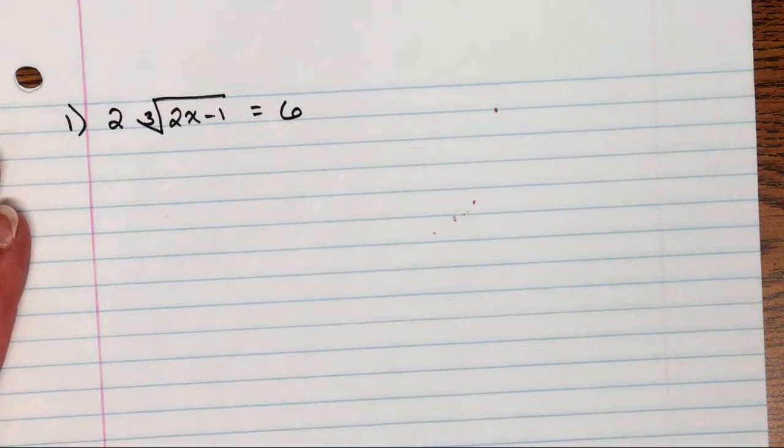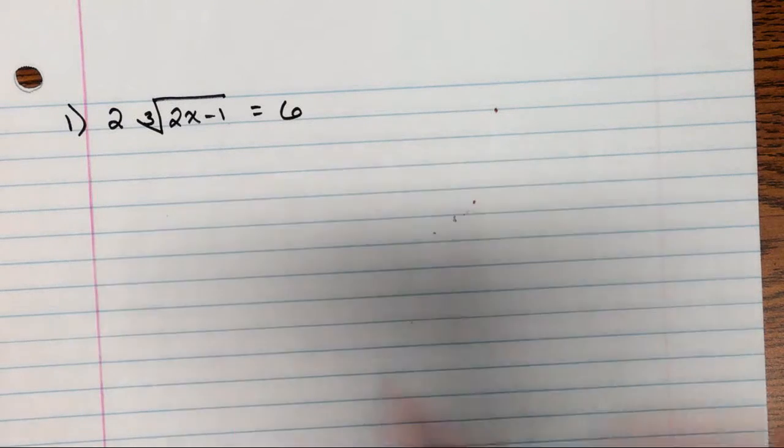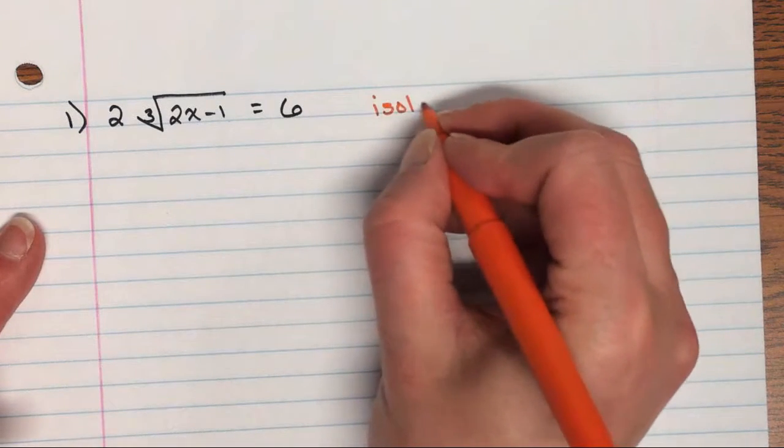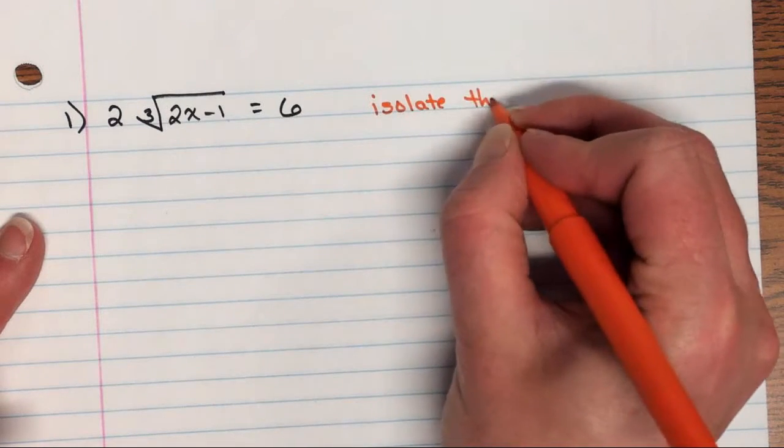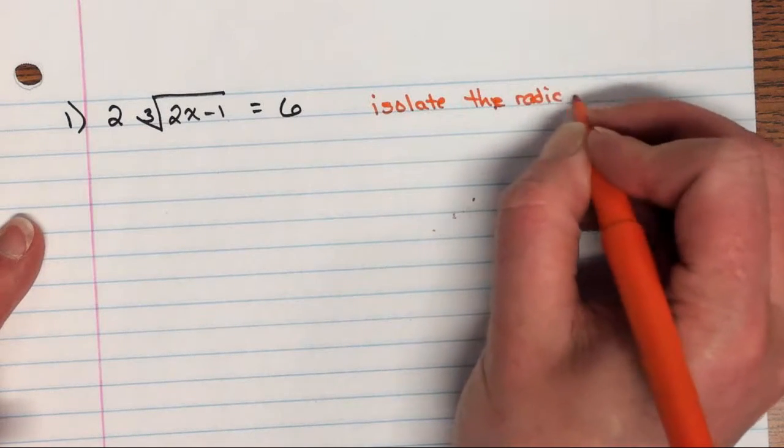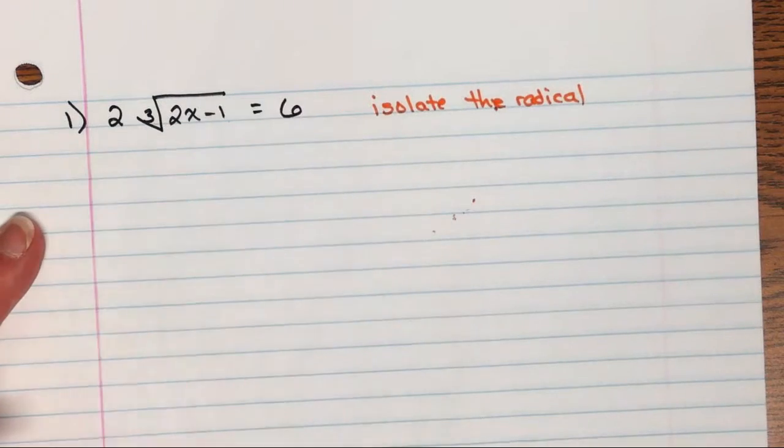I'm making this problem up, so I hope it works out. Okay, so let's see. Well, we want to isolate the radical because that's what we did last time. So to isolate the radical, in other words, isolate that root.